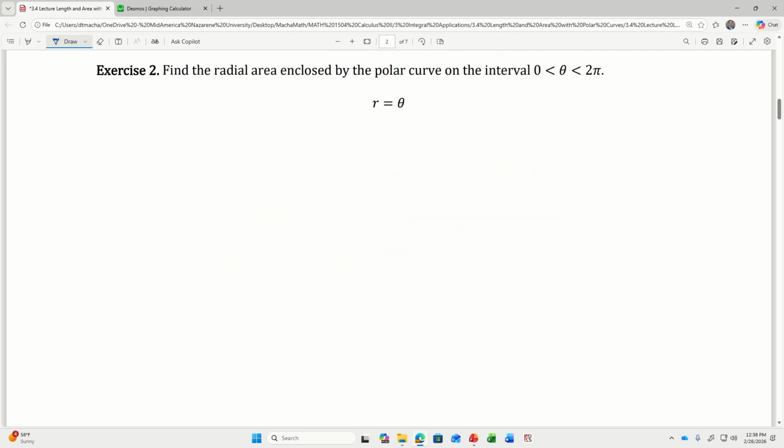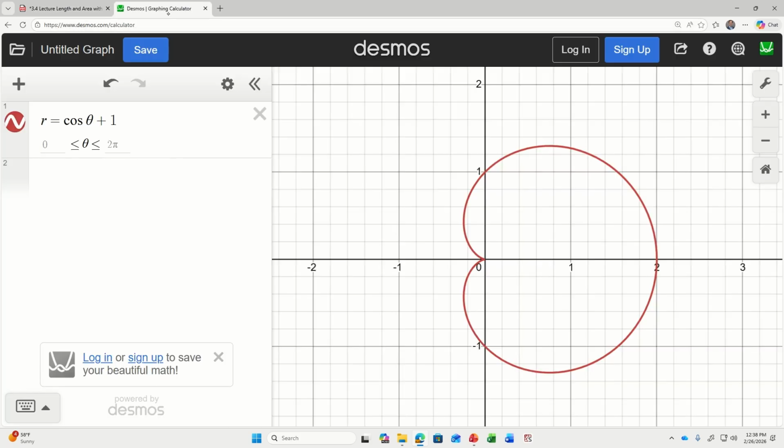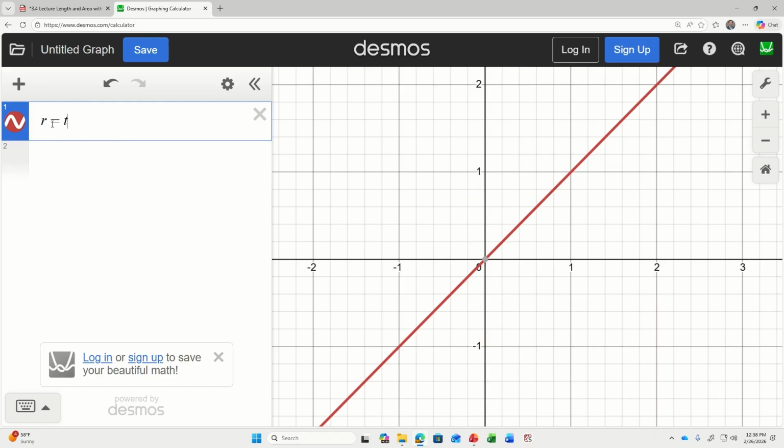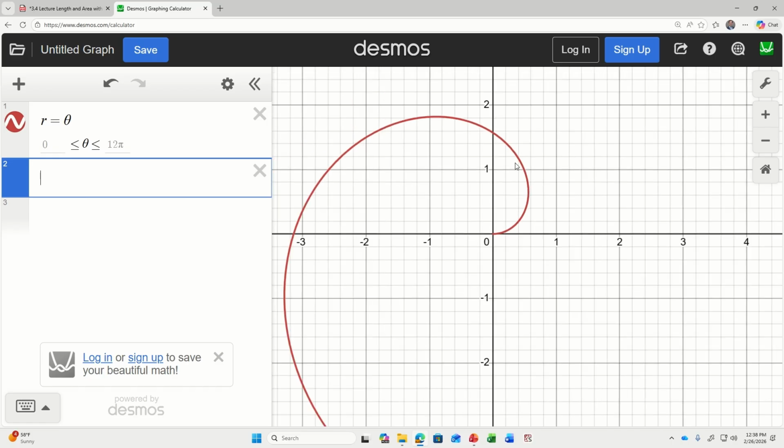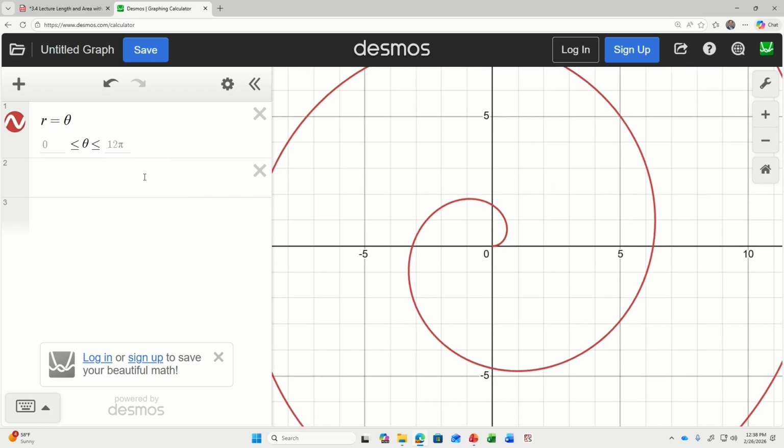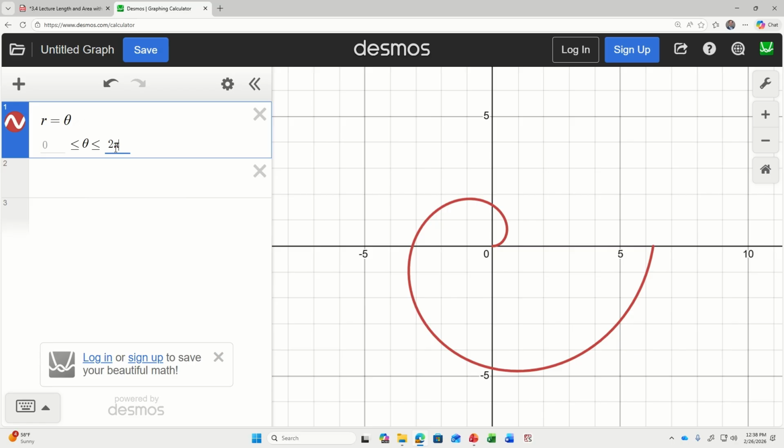So find the radial area enclosed by the polar curve r equals theta on the interval from 0 to 2 pi. In other words, I wonder if Desmos can do an inequality with polar coordinates. r equals theta looks like this, but what would the area look like enclosed radially?